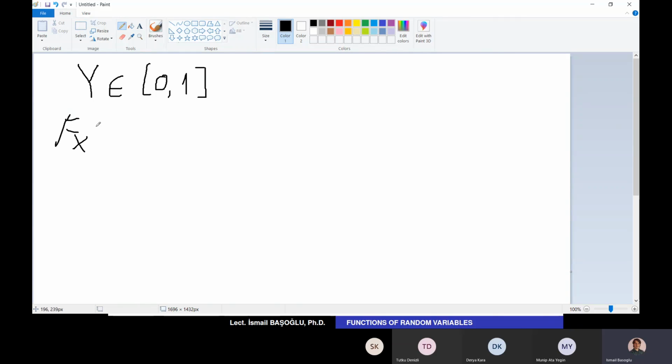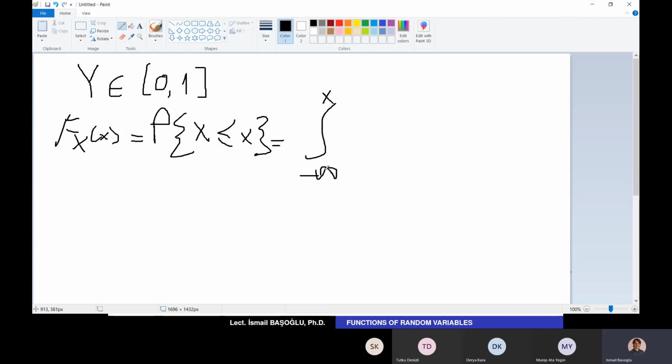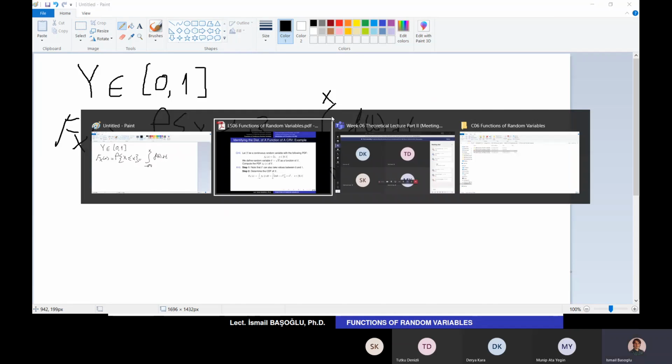The CDF of x means the probability of random variable x to take less than or equal values than lowercase x, which is the integral of the PDF from minus infinity to x, dt.